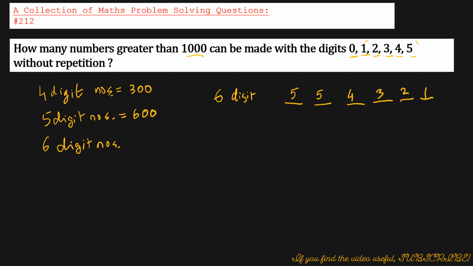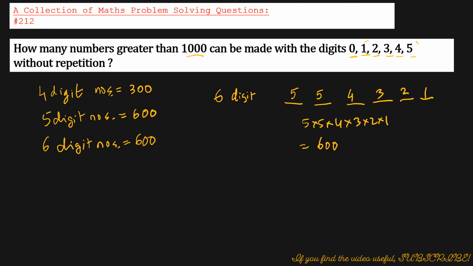So the number of ways you can make a 6-digit number is 5 times 5 times 4 times 3 times 2 times 1. That would be 25 times 4 is 100, times 6 is once again 600, because the last digit you can only fill in one way without repetition.